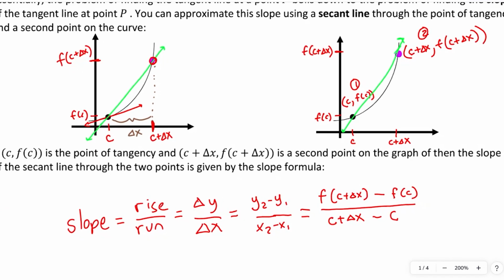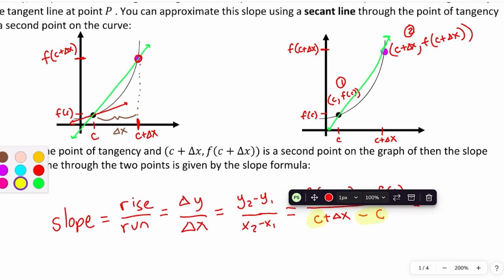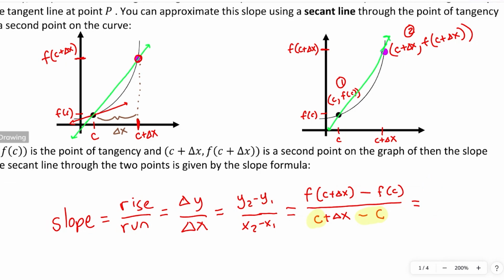Now we can simplify this just a tad. Notice that c minus c will equal 0. So we can simplify this expression to say f of c plus delta x, or the change in x, minus f of c, all divided by delta x.